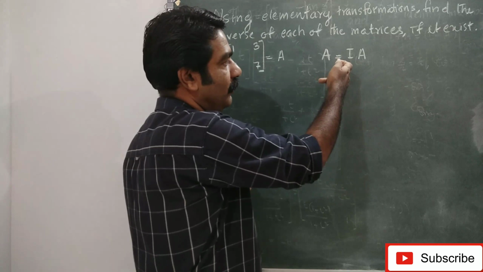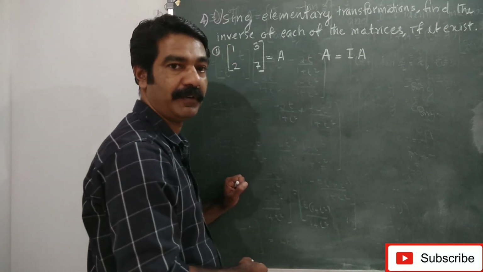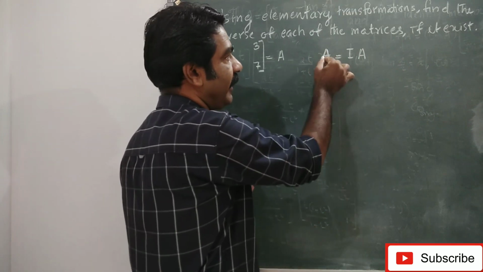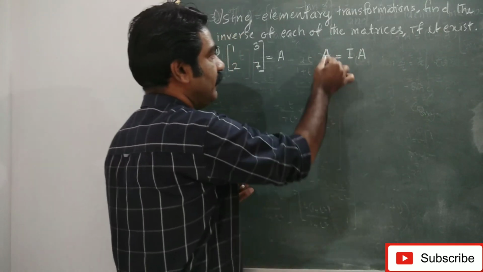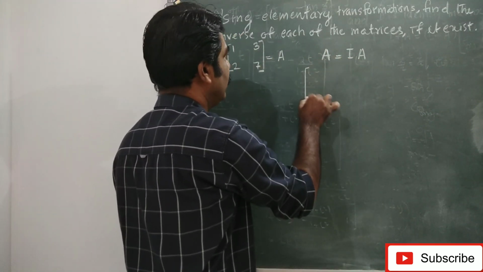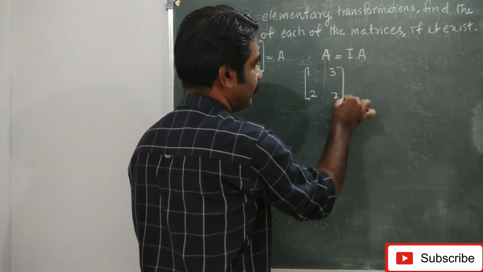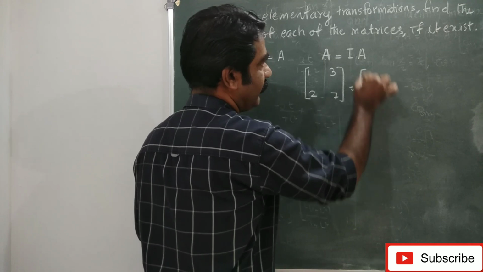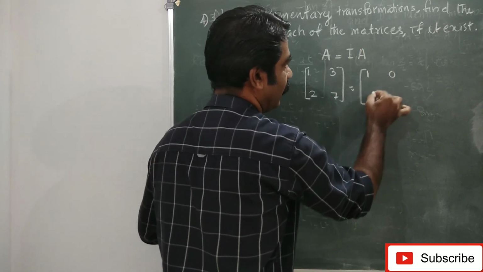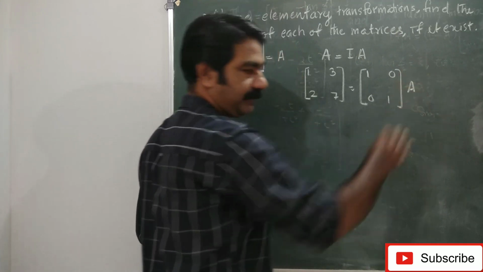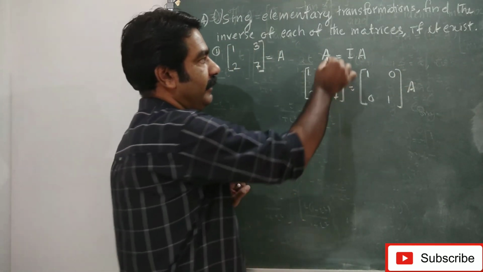Now I am using elementary row operations. So when using row transformations, write A is equal to IA. That is, matrix 1, 3, 2, 7 is equal to I, which is 1, 0, 0, 1, times A.